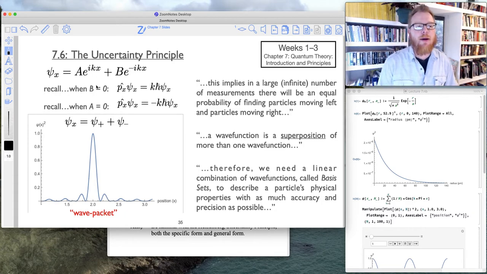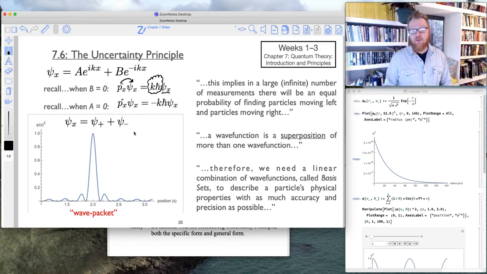And we played this game by saying, well, let's call B equals 0 and see what the result is. And then let's call A equals 0 and see what the result is. And so I'll remind you, when we said B is equal to 0 and the momentum operator operates on the wave function, we get back the original wave function plus the eigenvalue.